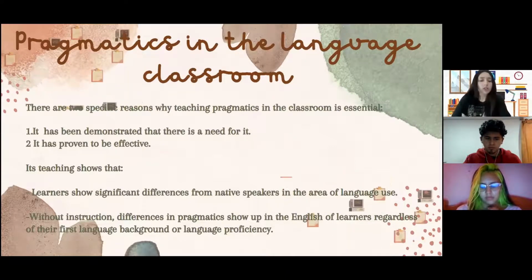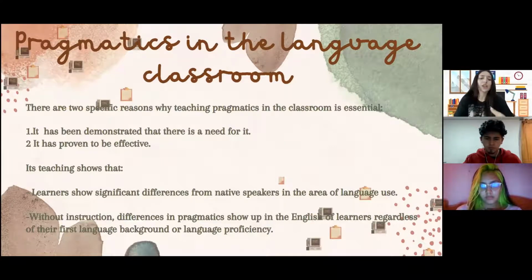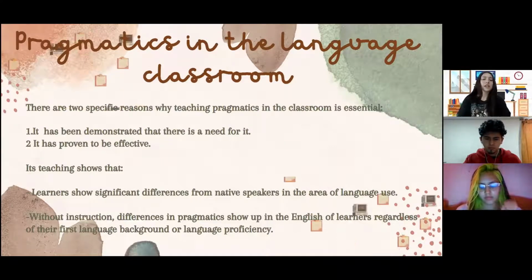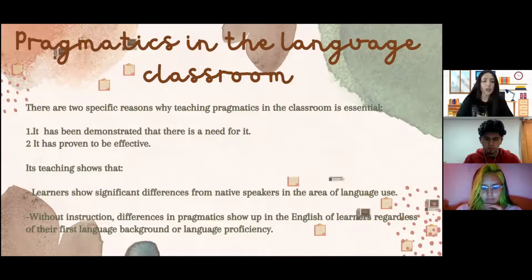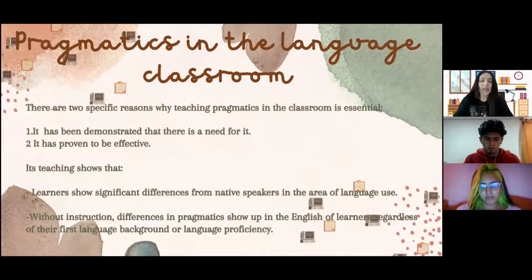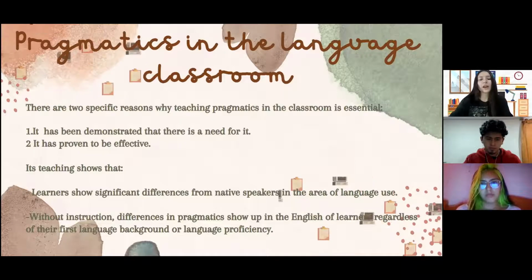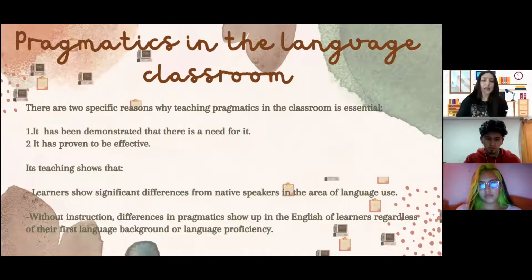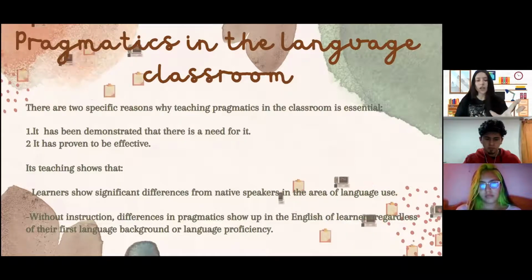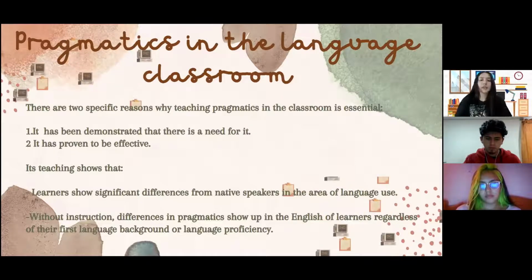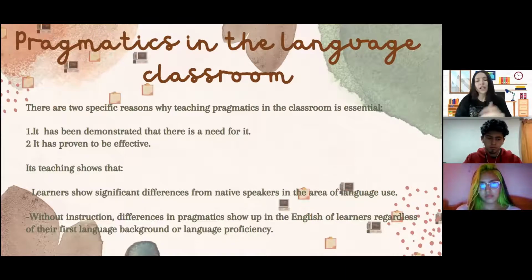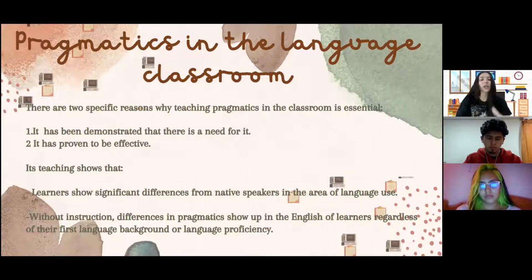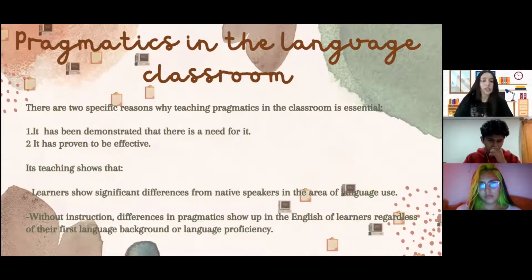Without instruction, differences in pragmatics show up in the English of learners regardless of their first language background or language proficiency. That is to say, a learner of high grammatical proficiency will not necessarily show equivalent pragmatic development. Also, classrooms are the ideal place to help learners interpret language use.